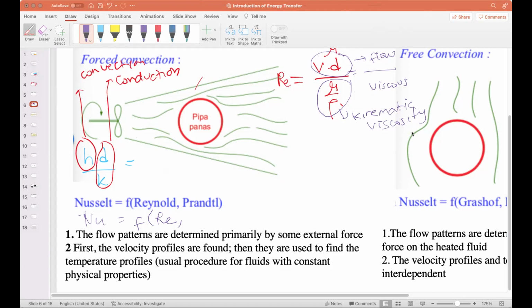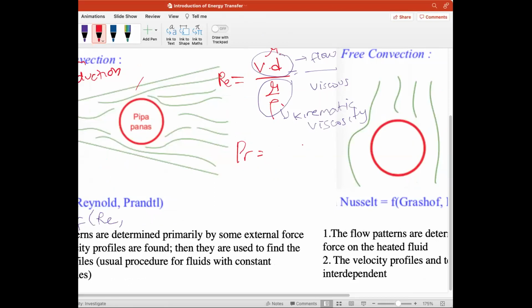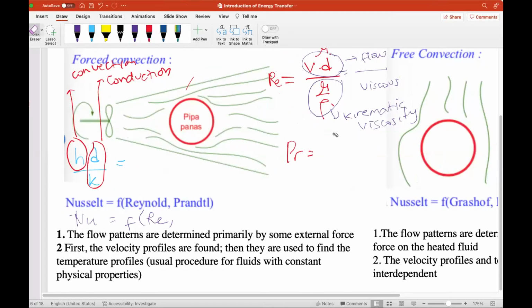Okay, the Prandtl number is also about diffusivity. It is the momentum diffusivity, which is the kinematic viscosity, mu divided by rho, divided by thermal diffusivity.